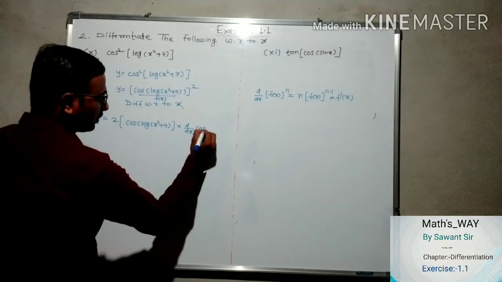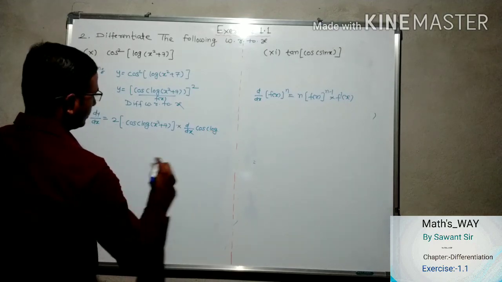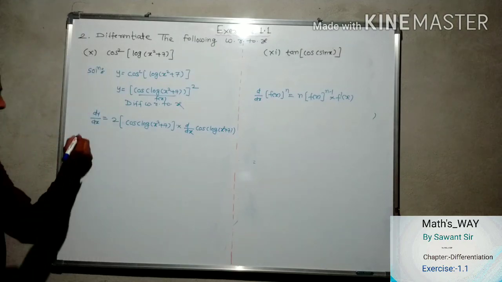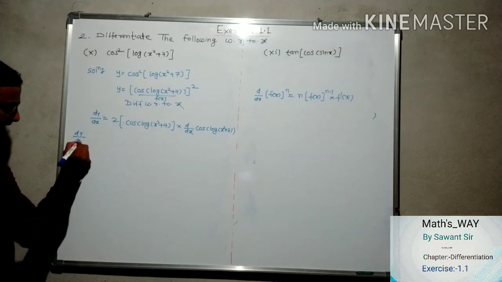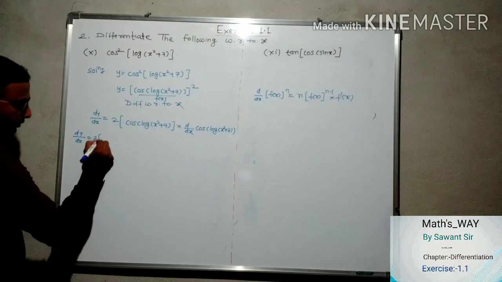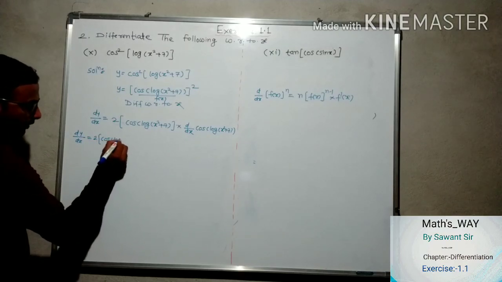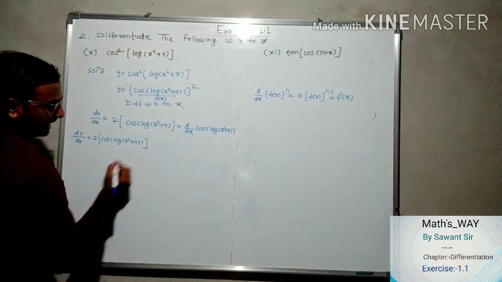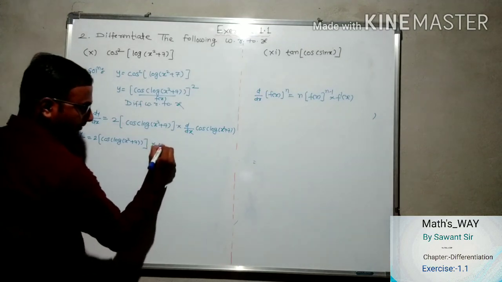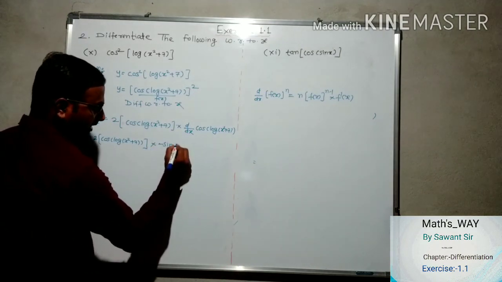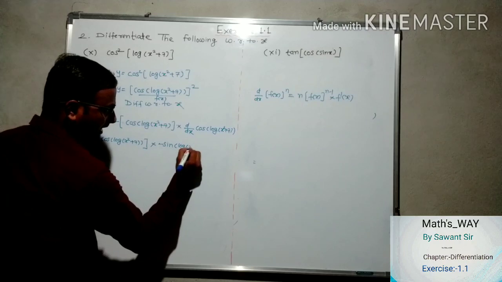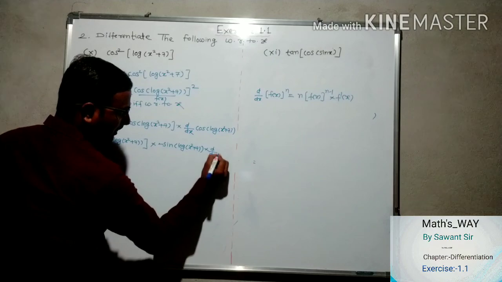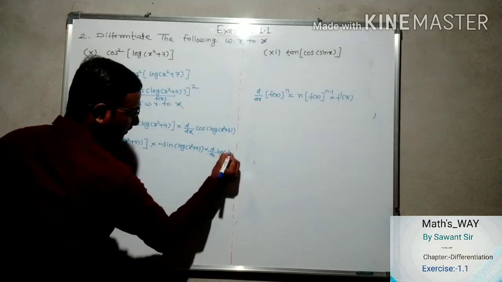So derivative of cos of log of x square plus 7. Okay. So that is dy by dx is equal to 2 into cos of log of x square plus 7 as it is, into the derivative of cos, minus sin of log of x square plus 7, into the derivative of log of x square plus 7.